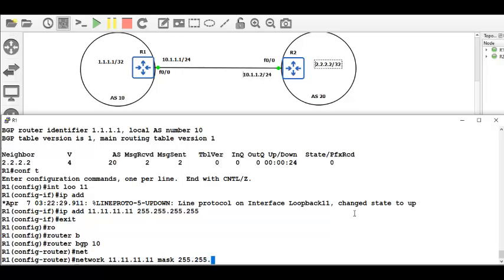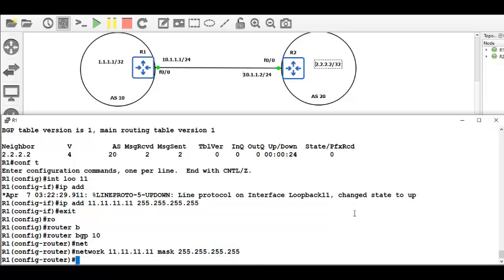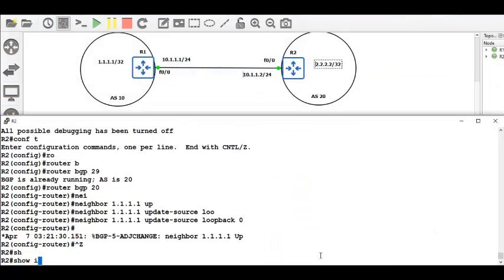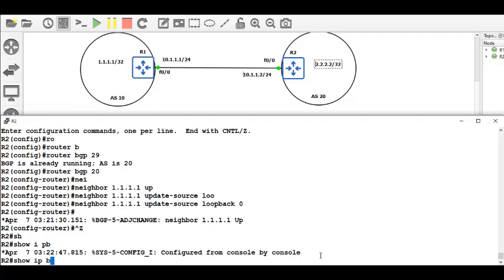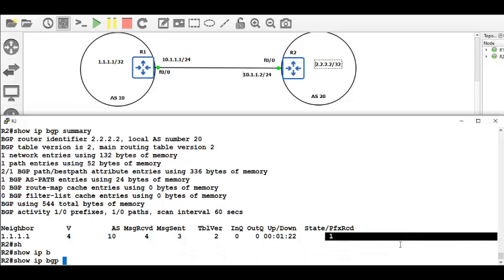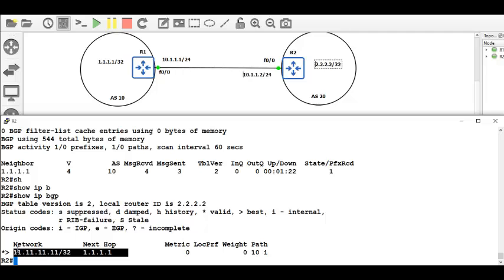Now, if you go to router 2, you will see 1 in show IP BGP. You are seeing this 1 instead of 0. The reason is, show IP BGP, you learned this 11 network from router 1 from autonomous system 10.